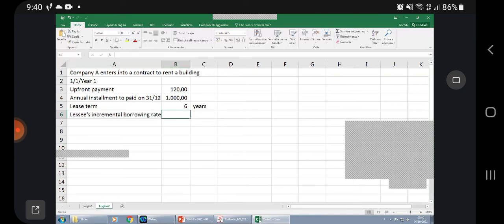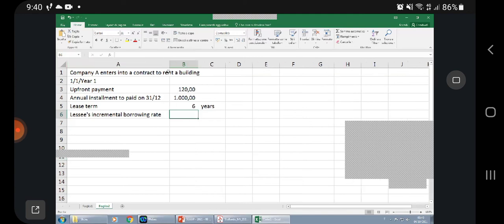Okay? Again, in our exercise, we provide you the lessee incremental borrowing rate. In real situations, company A should estimate it according to its position, the currency, the lease term, and so on. Suppose it is equal to 3%. Okay?